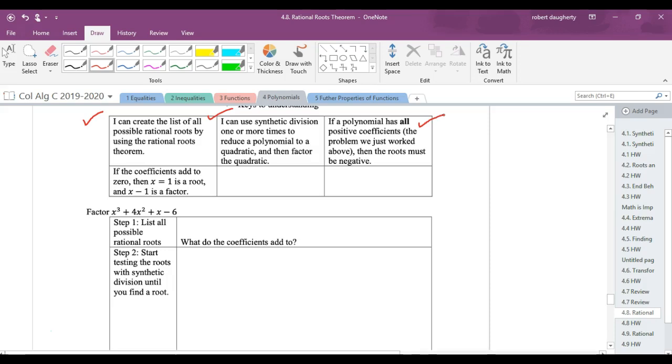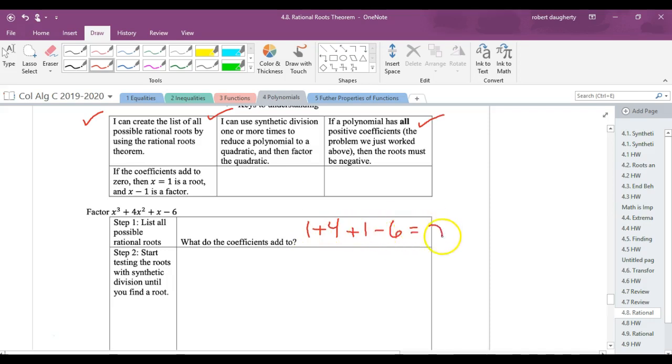Here's another shortcut. If all the coefficients add to 0, then 1 is a solution, or x minus 1 is a factor. Okay, so this one, if you want to use that shortcut, it's helpful to let you know where to start. So if I look at this, what are the coefficients here? This is what? 1 plus 4 plus 1 minus 6.